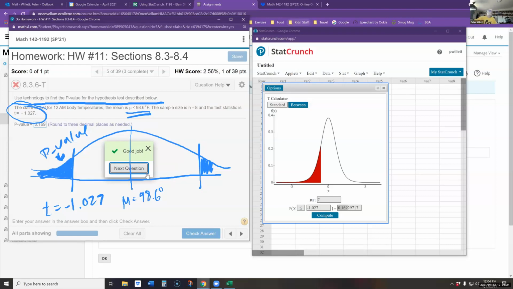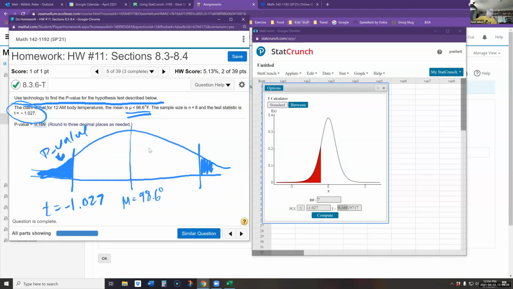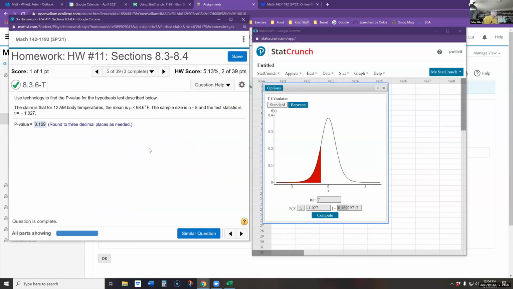So I think the real recommendation I would make, the real goal would be to say, how can I look at this problem and understand what they want clearly enough to go get that calculator for the t-distribution and find out the area based on being left of this t-value. That's the p-value, the area left of that t-value, using the correct degrees of freedom.